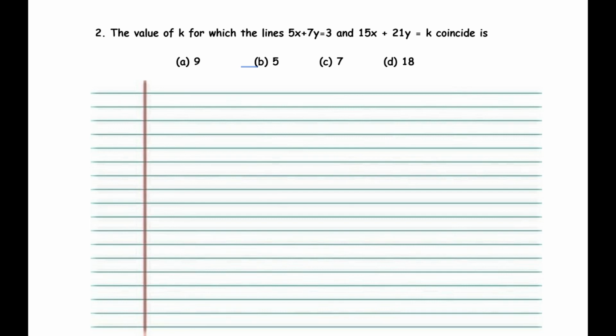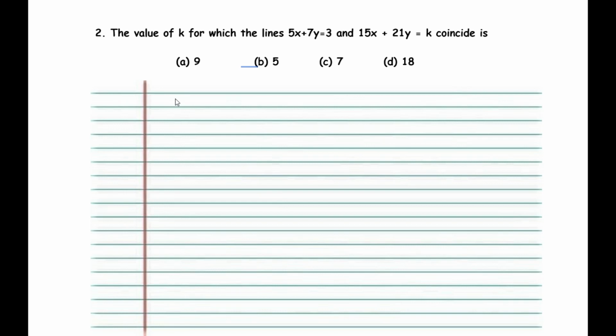Students, now moving to the second question. The value of k for which the lines 5x plus 7y equals 3 and 15x plus 21y equals k coincide.